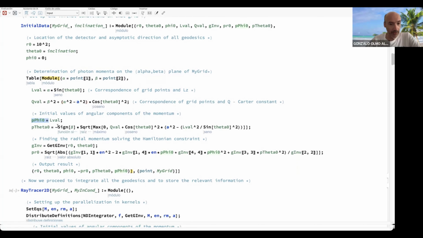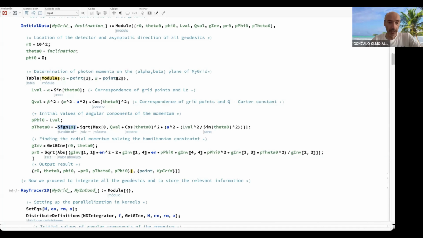And so we have this initial condition for the azimuthal momentum. For the theta, the polar momentum, remember this square root, and we have to add the sign of beta. This is important, because beta can be positive or negative, so in order to encode that in the theta momentum, we have to put it here explicitly.